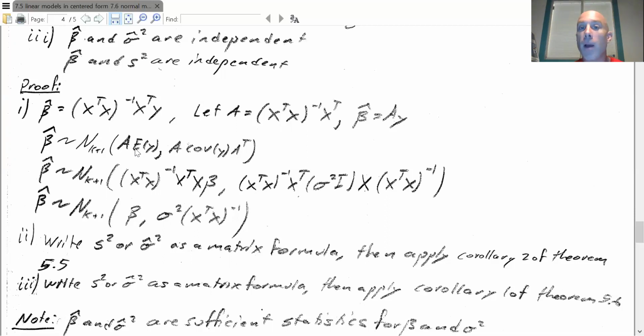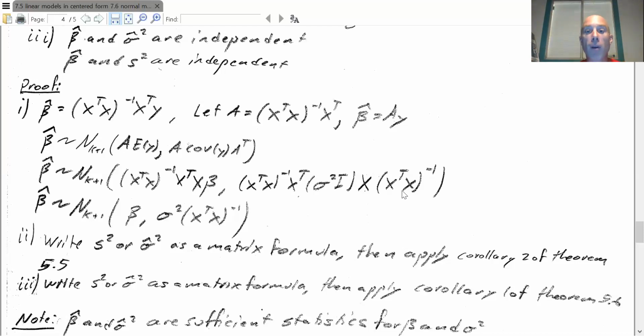Well, what do I do now? I just run through and plug in what I want. So I replace A with what we said A is equal to. Boom, we get that. The expected value of Y is X times beta. Now here, A is equal to this, so I put that here. A transpose is the transpose of this. Remember, the transpose switches the order. So I'm going to get X and then the transpose of this inverse. But this inverse is symmetric because X transpose X is symmetric.